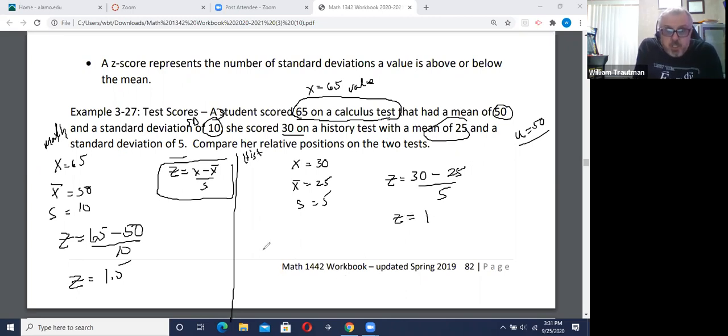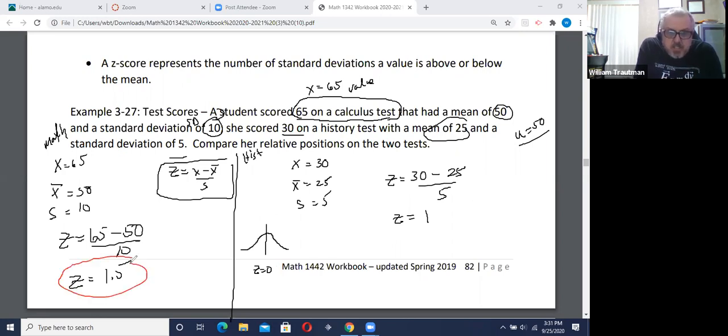So if we look at a normal curve, once again, this is a z value of 0, the mean, right down the center of a normal curve.